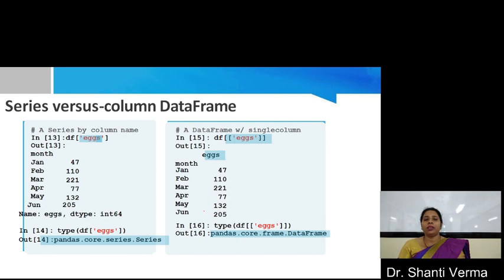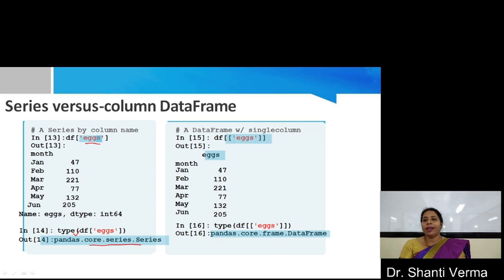Now let's see what is the difference between series and data frame. Basically, both series and data frames can be used for manipulating the data of Excel files. If you pass the attribute as a single name, not in a list, then you can see here that this is a pandas series, and for printing the type you can use the type command.